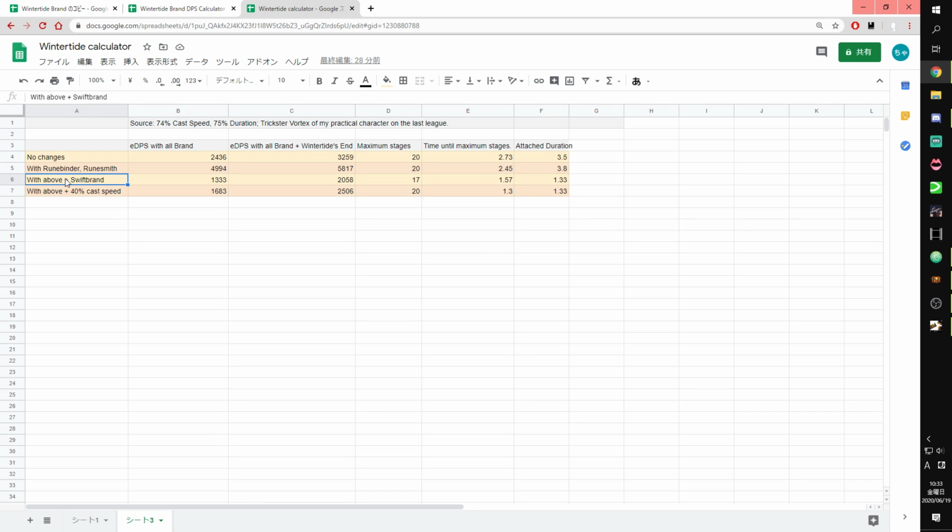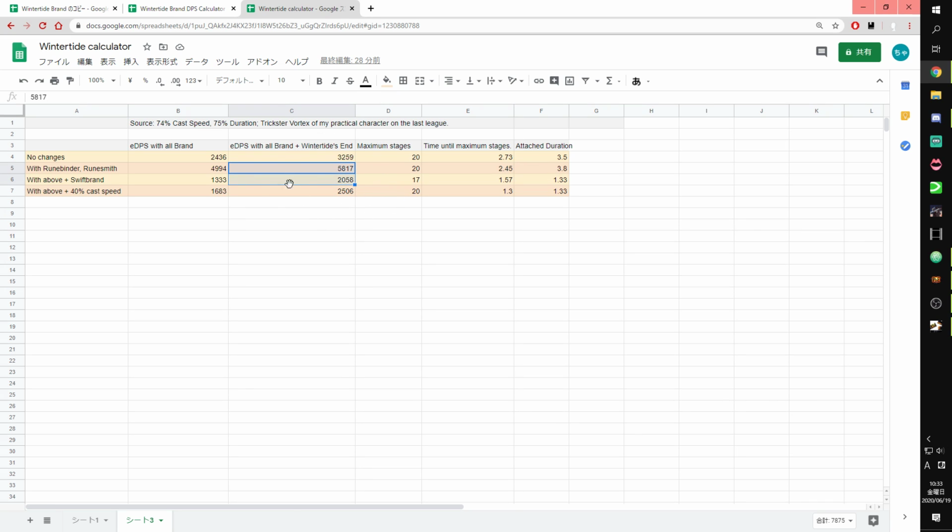With the above plus Swiftbrand, if I link it to Wintertide Brand, the DPS dropped to 1/3 from DPS with all brand. It is also 1/3 from without Swiftbrand. 1/3 by just linking Swiftbrand Support. 1/3 dropping.